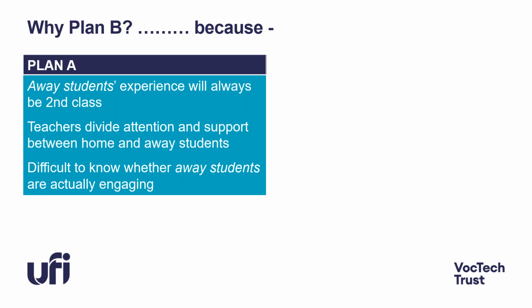I'm not saying that learners will disengage, but it makes it that little bit easier for learners to disengage. The teacher has to swap between attending to the home and the away learners, those in class, those online, and there may be a temptation to assume mistakenly that away students are simply soaking it up.